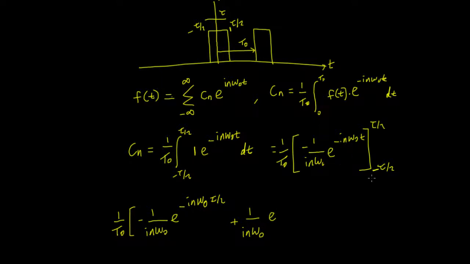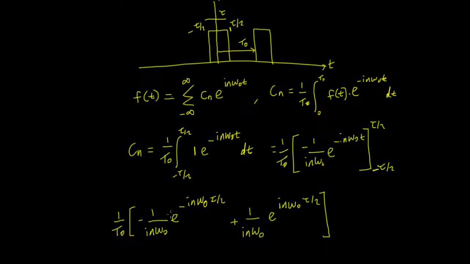Now it'll be minus tau, and the minus there will cancel out to give us a plus, so I'll end up with I n omega naught tau upon 2.